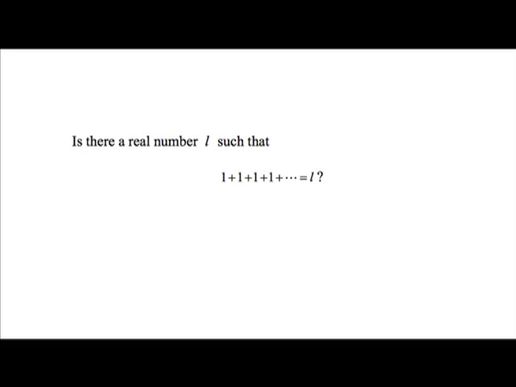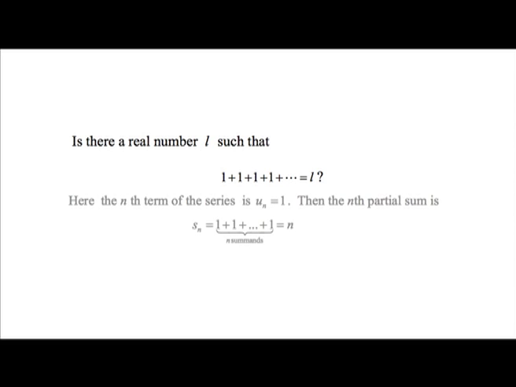As promised at the beginning, let us try to answer the question. Is there any real number L such that 1 plus 1 plus 1 plus etc. equal to L? Here the nth term of the series is un equal to 1. Then the nth partial sum is Sn equal to 1 plus etc. plus 1, n summands, which is equal to n. This sequence Sn of partial sums is the sequence n, which diverges because it outgrows every real number m.